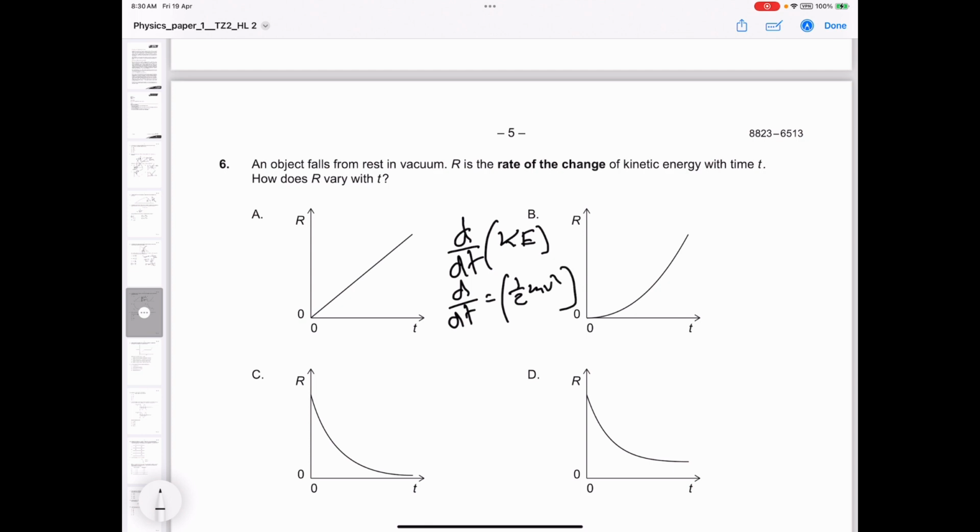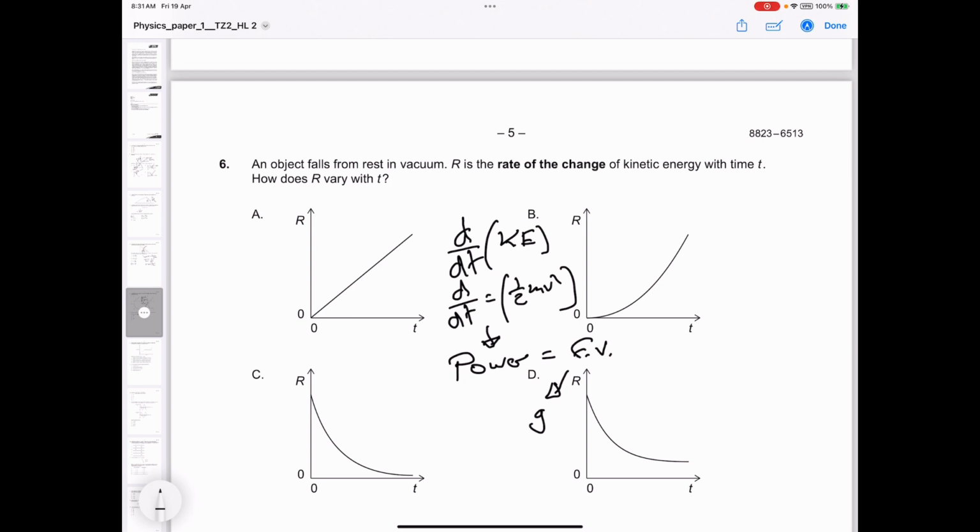Now hopefully we all know that the rate of change of kinetic energy is equal to the power, okay? So this is equal to the power in the system, and we all know, I hope, that the power is equal to the accelerating force times the velocity. So here the accelerating force is mg, so that's constant, and the velocity is changing with time.